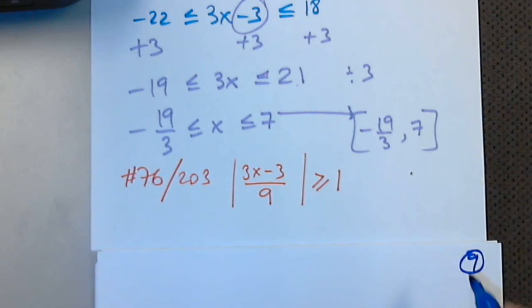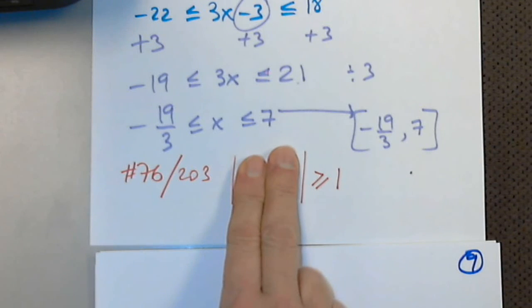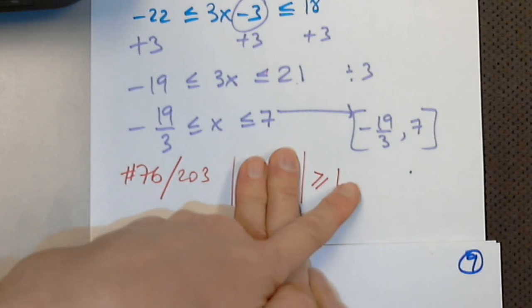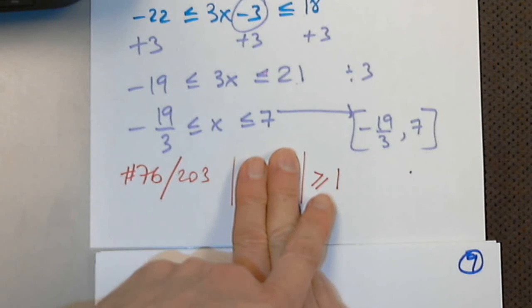So now all I have to do is think. I'm asked to find numbers whose distance from 0 is 1 or greater than 1.